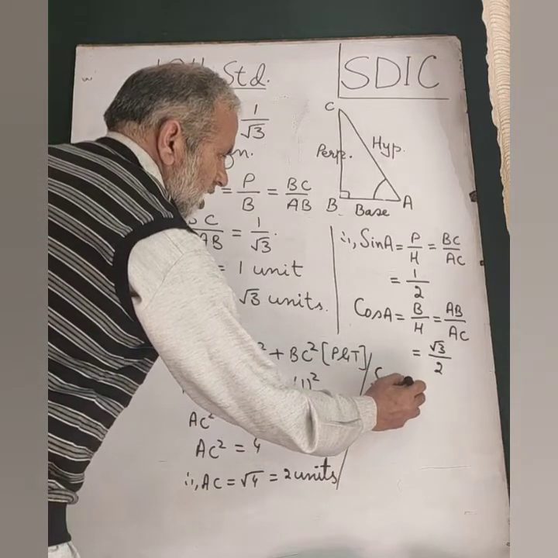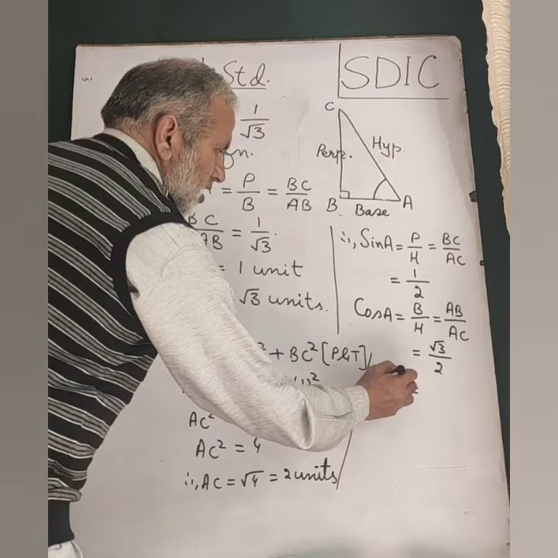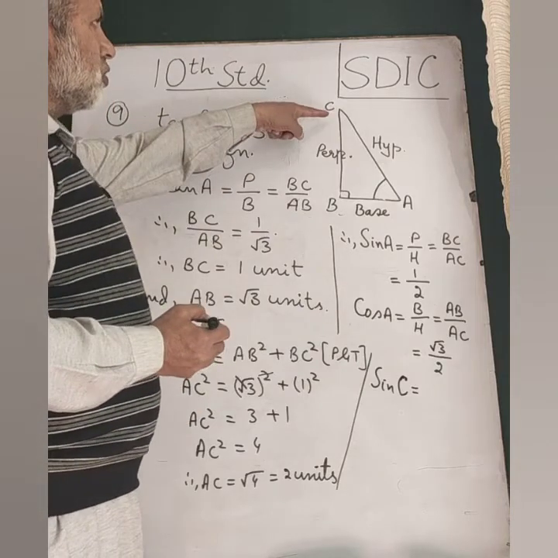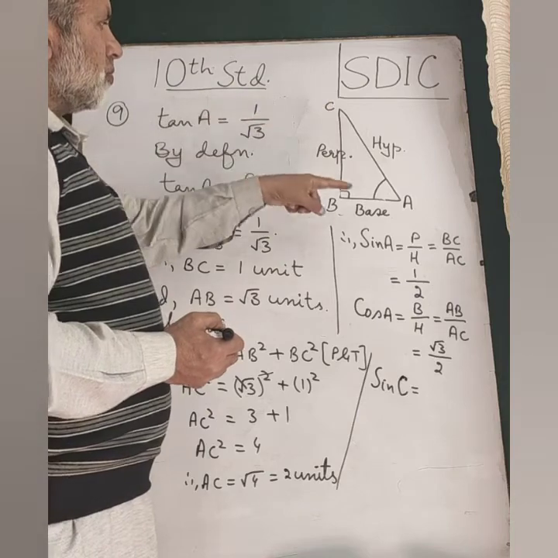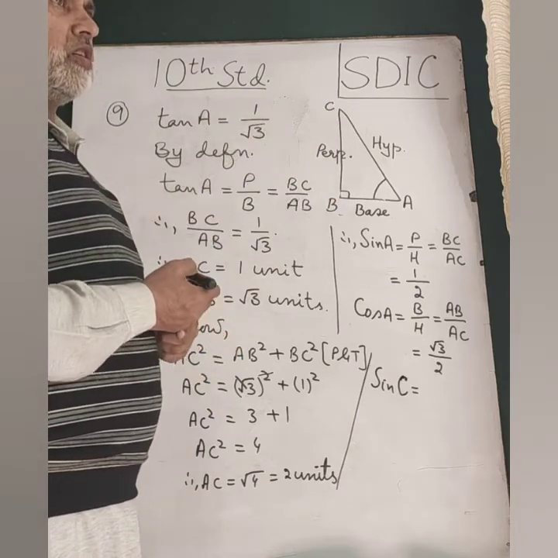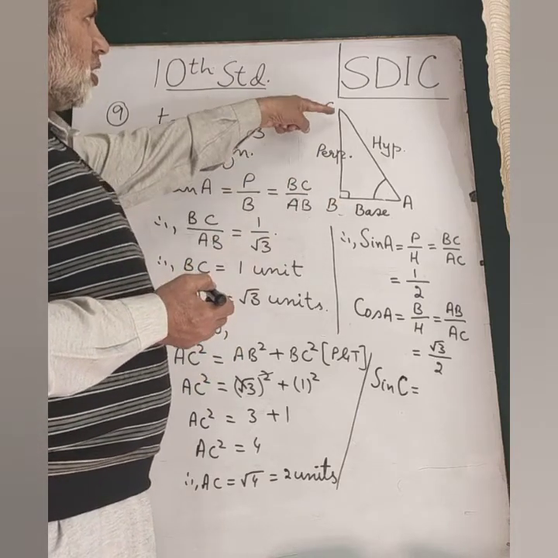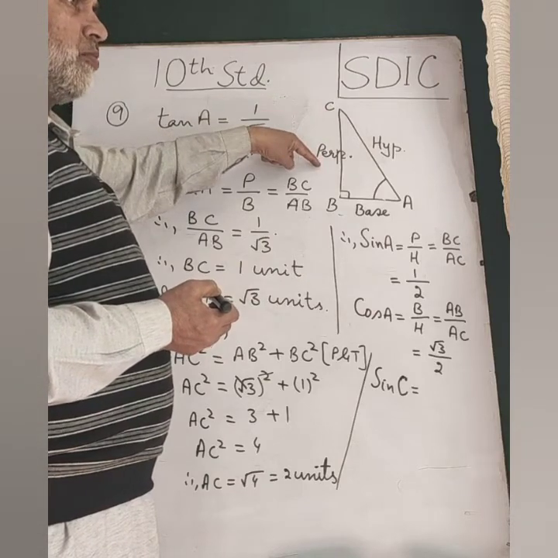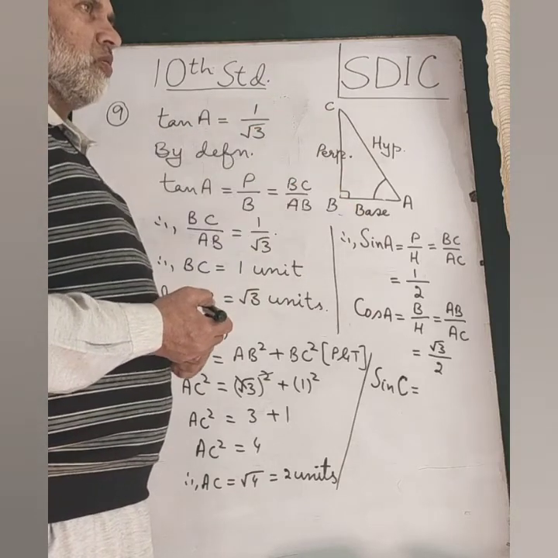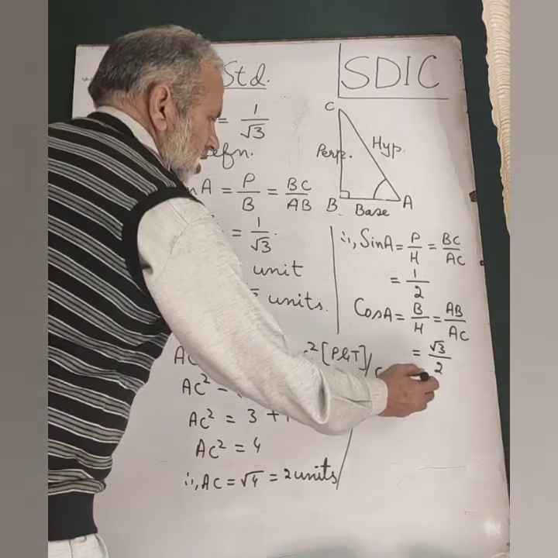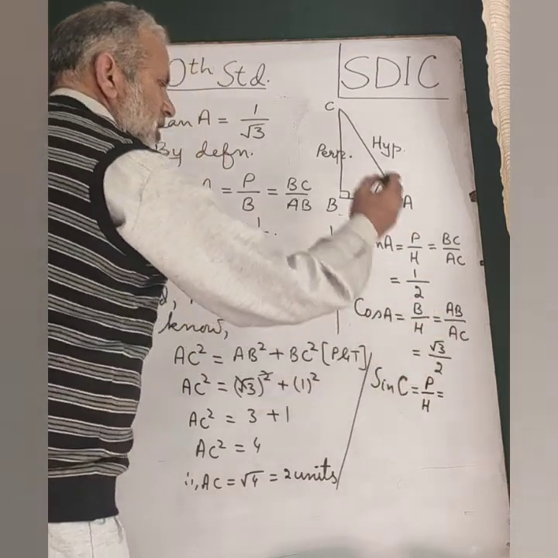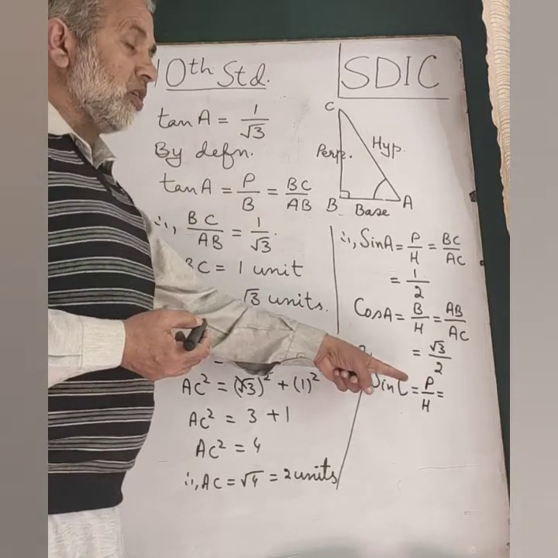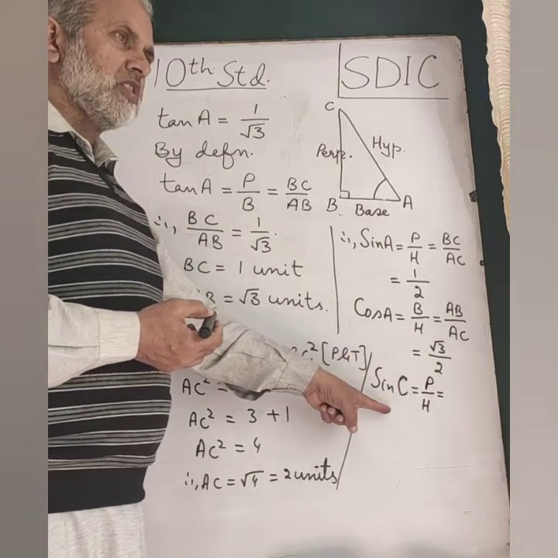Now next we need sine C also. Here the acute angle has been changed. Now instead of A, C you have to use as the acute angle. With respect to C, your base and perpendicular will change. Your perpendicular will become base, your base will become perpendicular. So the definition is the same, sine is perpendicular by hypotenuse, but the name of perpendicular will change because the acute angle has changed.